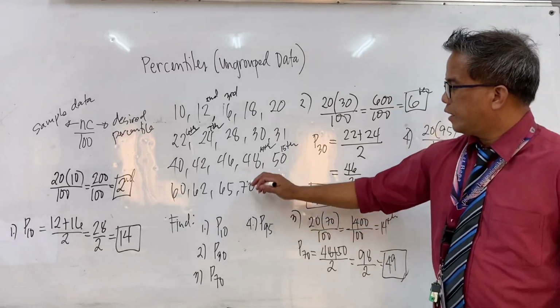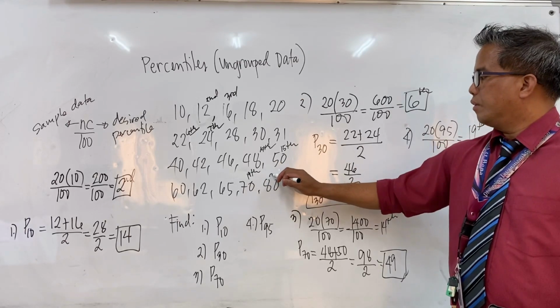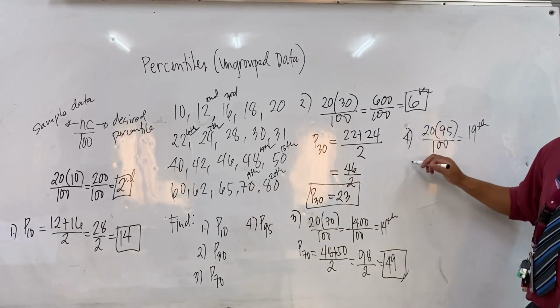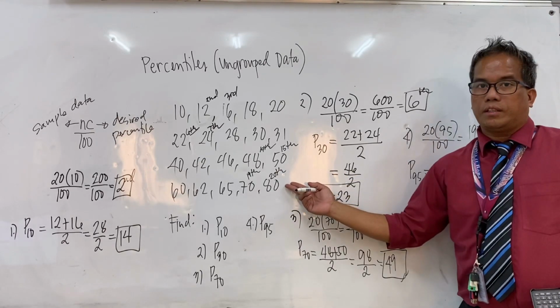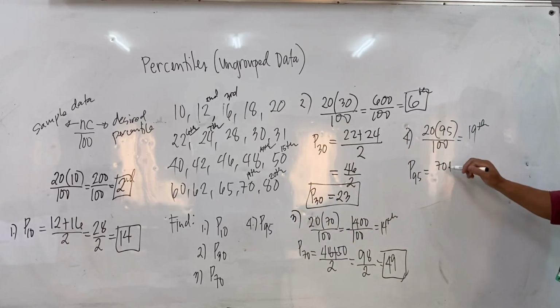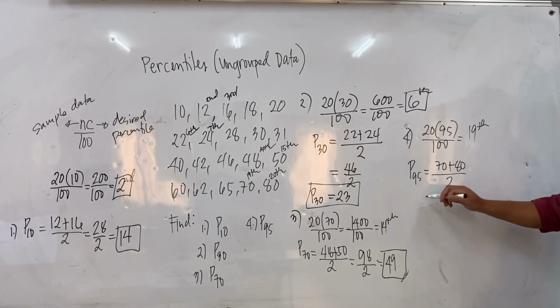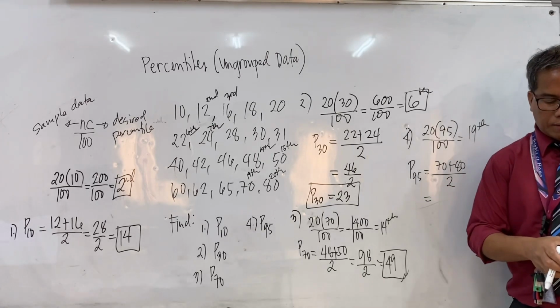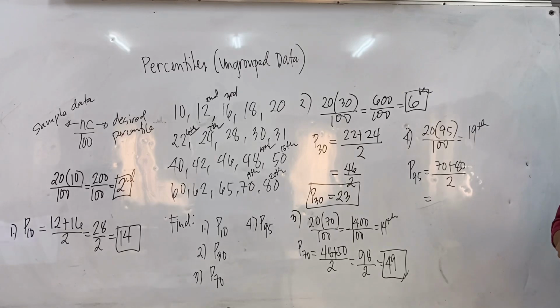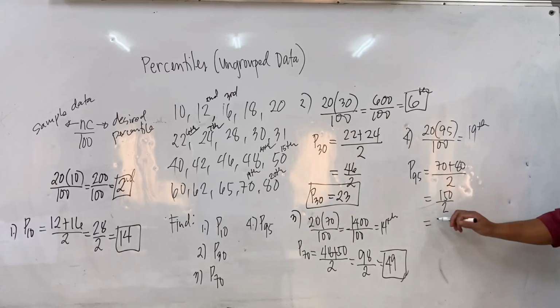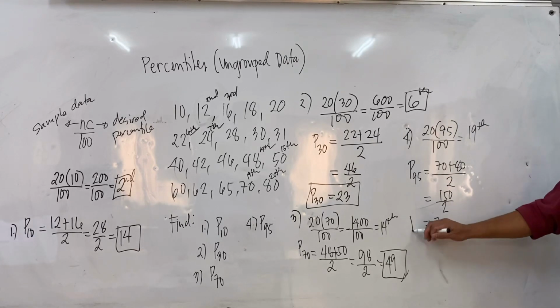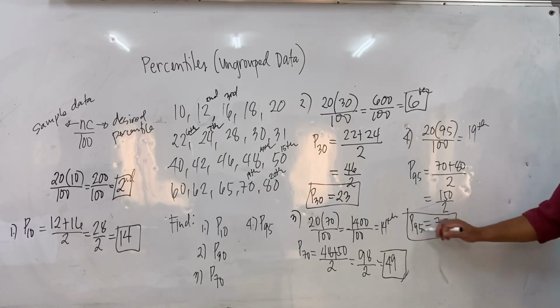So the 19th term, meaning P of 95 lies between the 19th and the 20th term. So 70 plus 80 over 2. 70 plus 80 is equal to 150, then divided by 2 is equal to 75. So P of 95 is equal to 75.